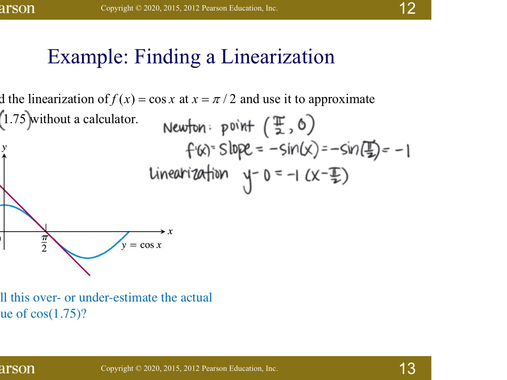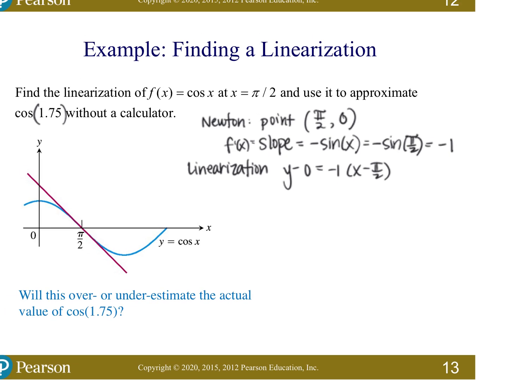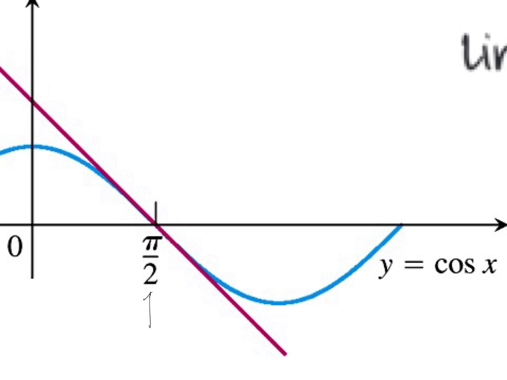Now plug 1.75 into this equation. Well, actually, let's decide if it's going to be an underestimate in the first place. Looking at our graph, pi halves is about 1.57. So 1.75 is going to be over here.